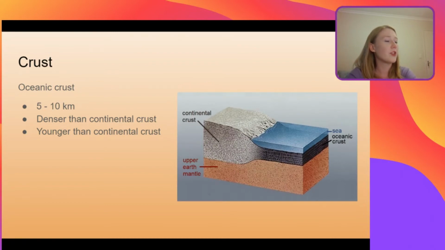Thinner, denser, it is also a lot younger. It tends to be created and destroyed a lot quicker than continental. Okay, I think we have that basically covered.